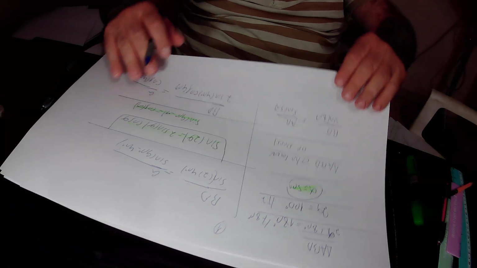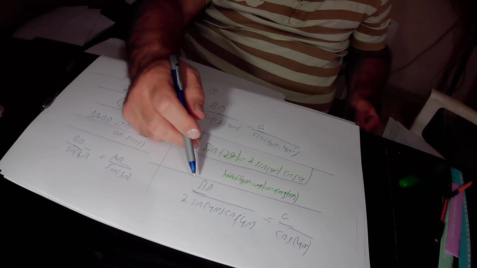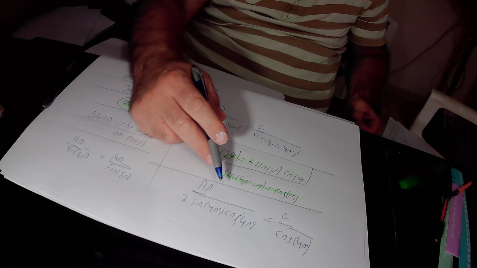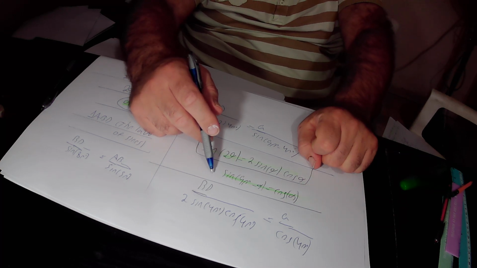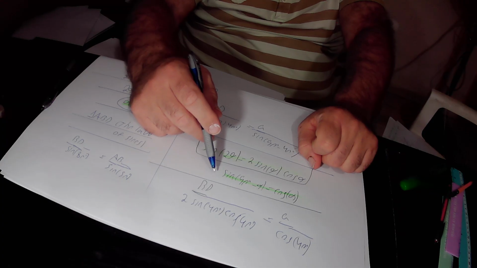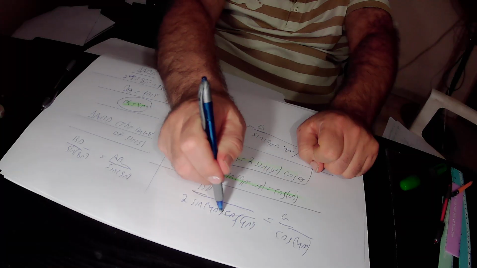So in total, we find that BD over 2 times sine 40 degrees times cosine 40 degrees equals A over cosine 40 degrees. Here we have cosine 40 degrees on both sides of this equation, so cosine 40 degrees will get cancelled.